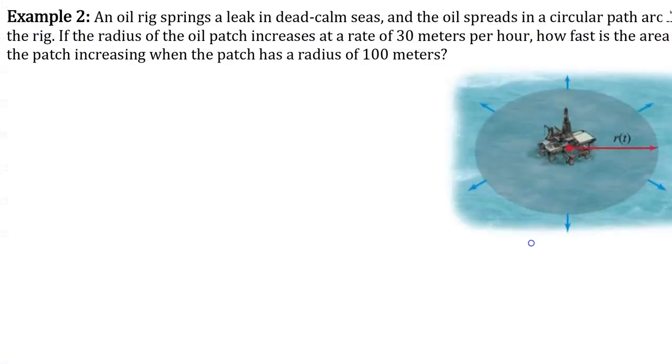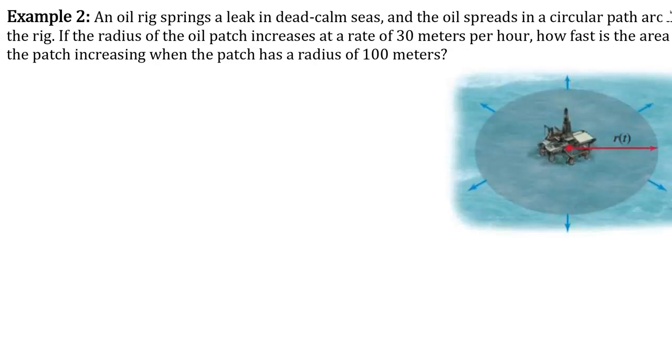We have an oil rig that springs a leak in dead calm seas, meaning that there's nothing affecting the surface of the water, not wind, not the moon, nothing. The oil then would spread in a circular path around the rig.